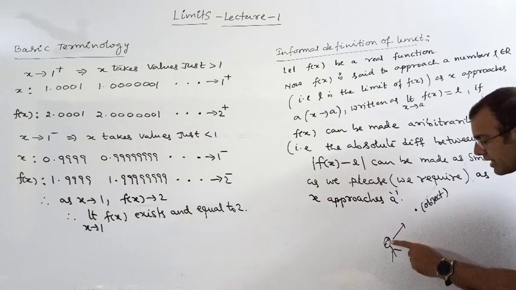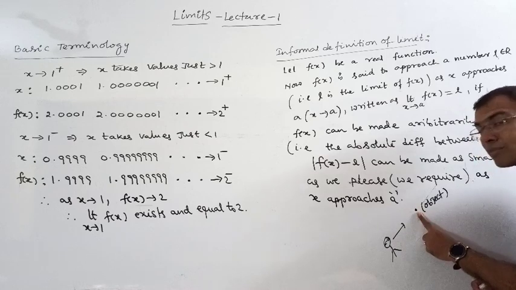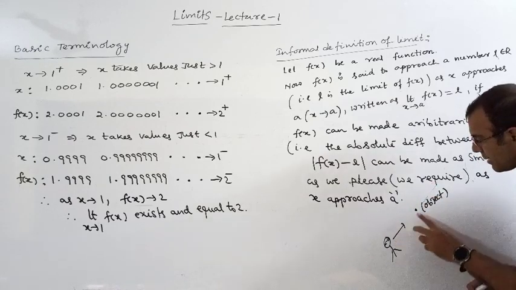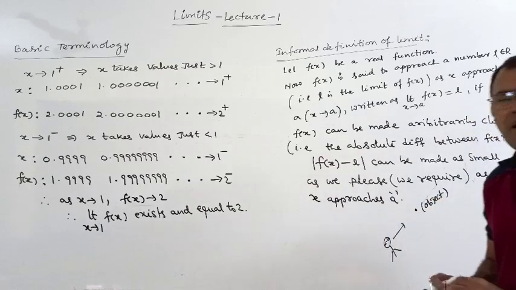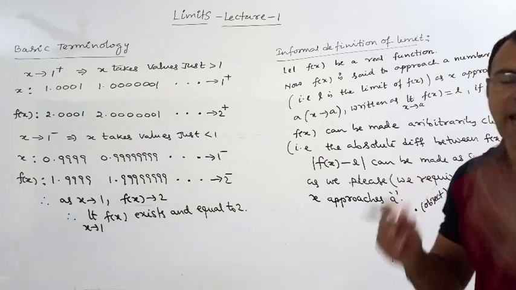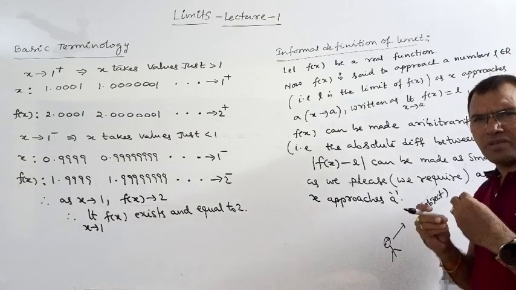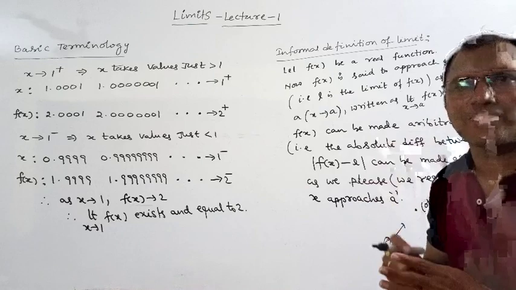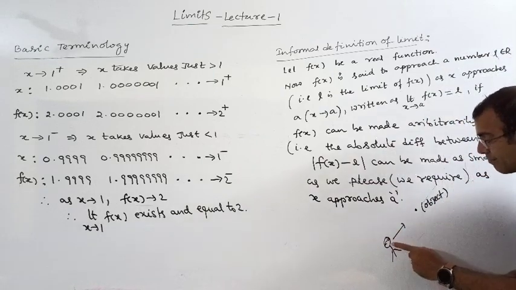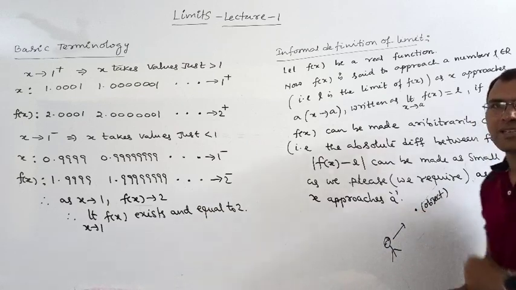So, when do you say that this person is approaching this object? When the distance between that person and this object is as much small as we can. Means there should be almost a negligible distance between object and person. Then only we say that person is approaching this object.